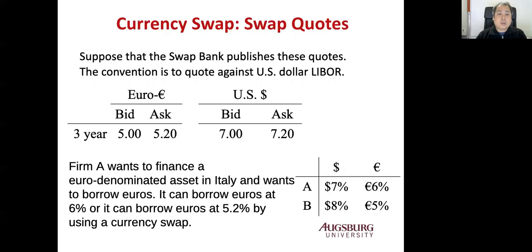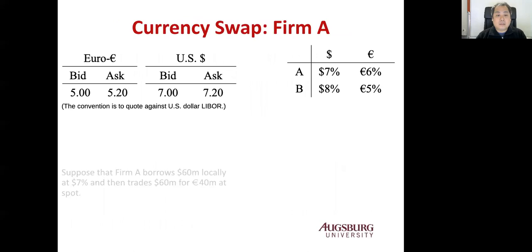But what they can also do is, let's look at this. Suppose the firm A borrows 60 million locally at 7% because their dollar interest rate is 7%, right?